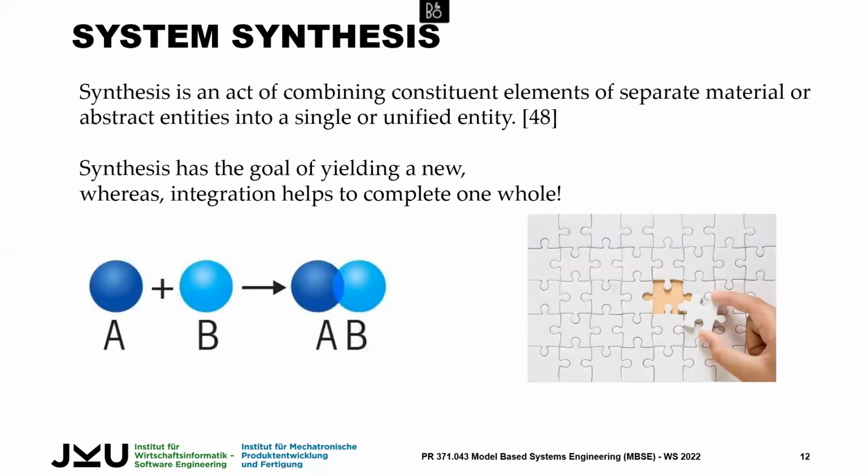Okay, this is also very important, and it's also a little bit hard for me to understand. That's why I also bring this one here. In the first lecture, you also saw something about synthesis and analysis, but I didn't give an example. So to give you more overview on this, I made this slide. Synthesis is an act of combining constituent elements of separate materials or abstract entities into a single or unified entity.